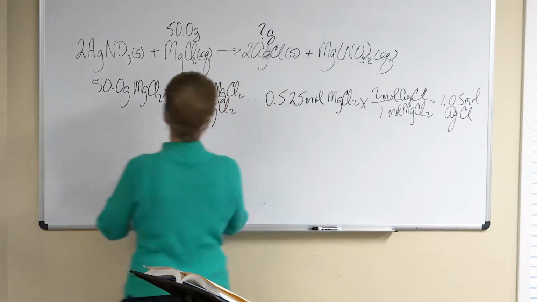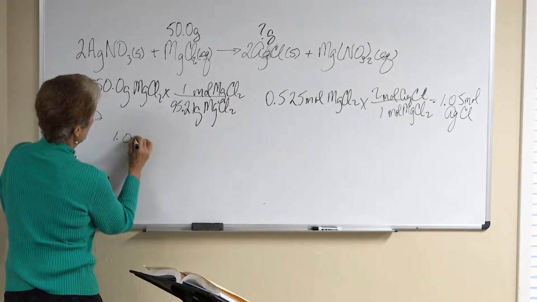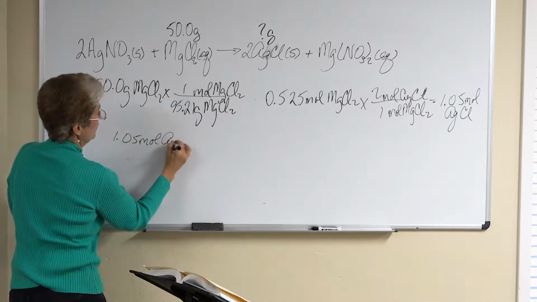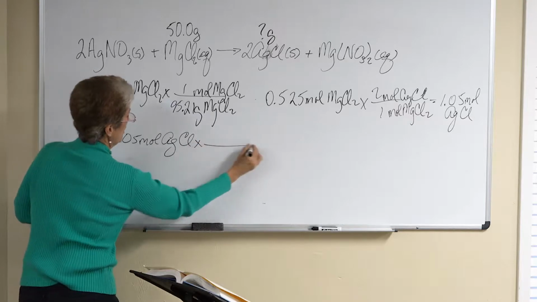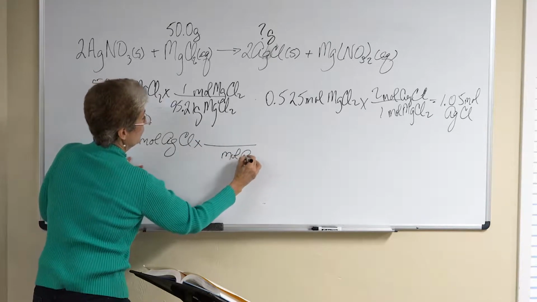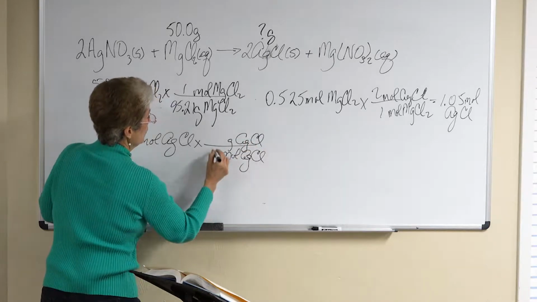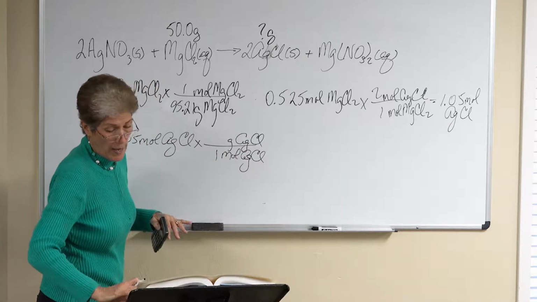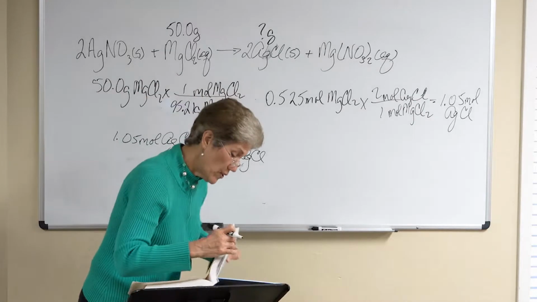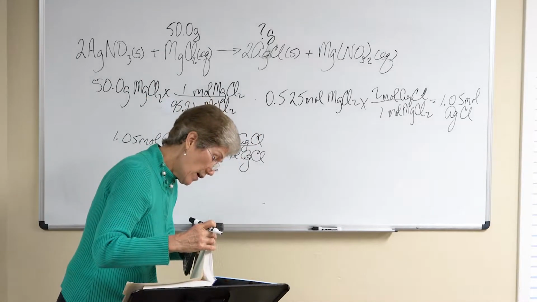So I'm going to come back over here. 1.05 moles of silver chloride times a line. We're going to put the moles of silver chloride down here, the grams of silver chloride up here. For every 1 mole, you add them up, and the chlorine we know is 35.45.